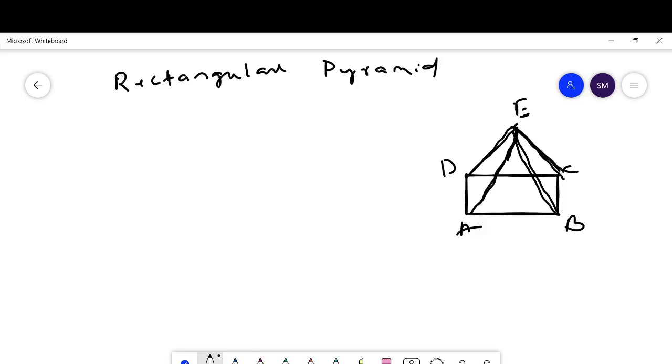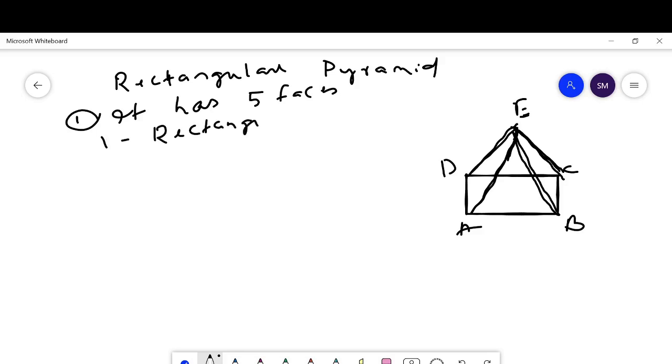It has how many faces? It has 5 faces. One is a rectangular face, and the other 4 are triangular faces.